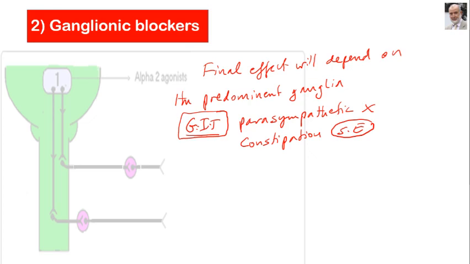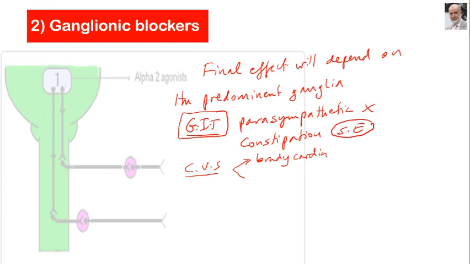Okay. Now, on the cardiovascular system, as we have said, the predominant is the sympathetic. So the sympathetic system is predominant on the heart and on the blood vessels. So what will happen to the heart? Reduced rate, bradycardia, because blocking the sympathetic ganglia which go to the heart will decrease adrenergic activity, producing bradycardia.